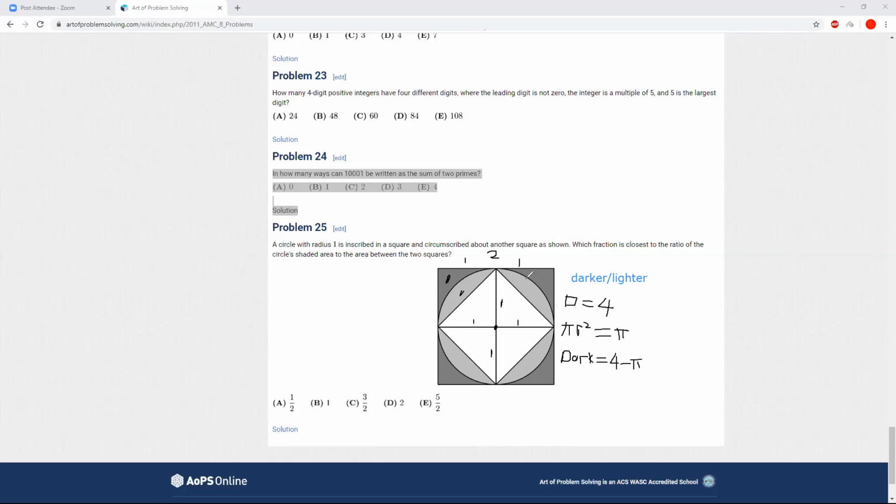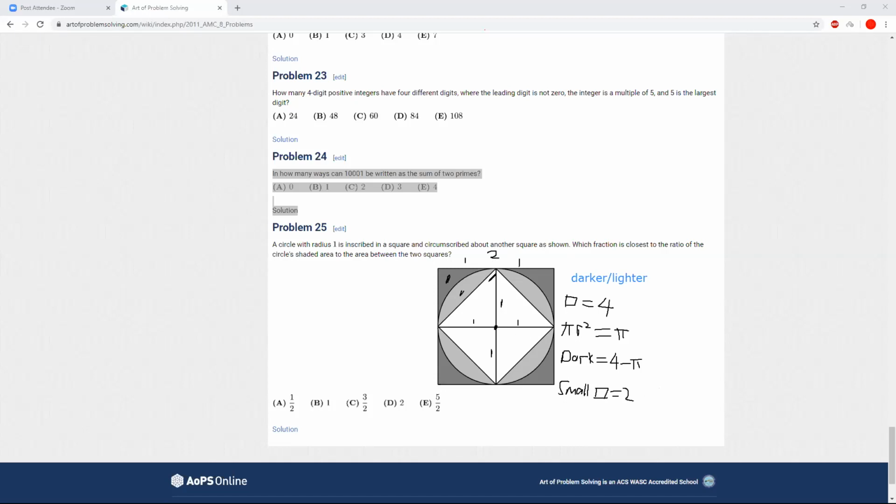Then we're going to find the area of the lighter region. The lighter region is just the circle subtracted by the area of the smaller square. And what we realize is the area of the smaller square is exactly 1/2 the area of this larger square. So the area of the small square is equal to 2, and the circle area is still pi.